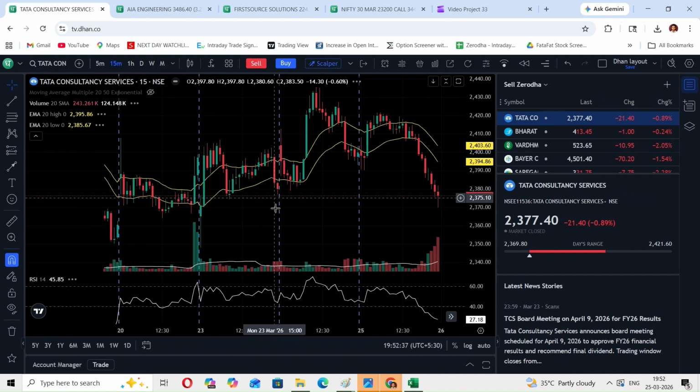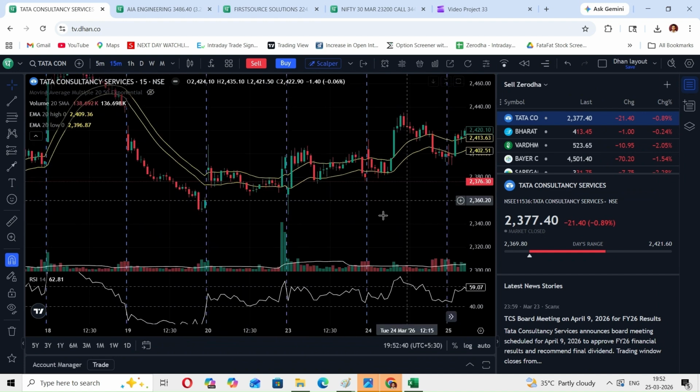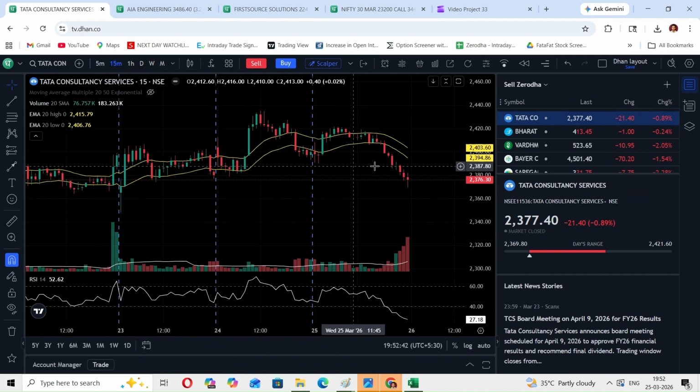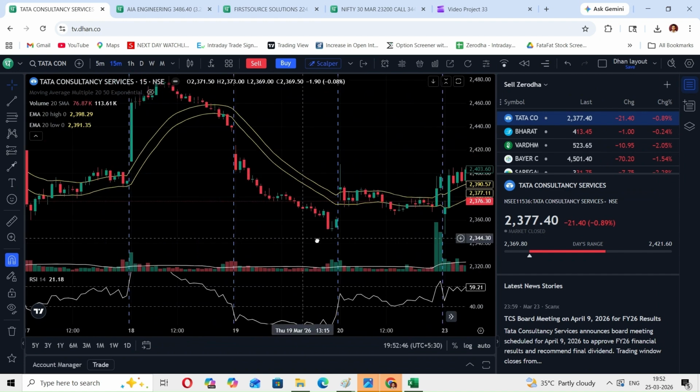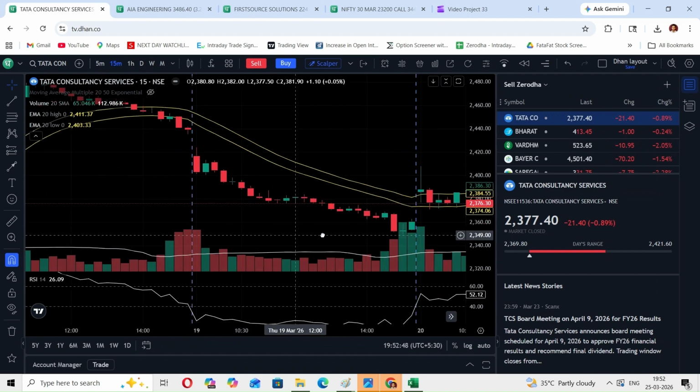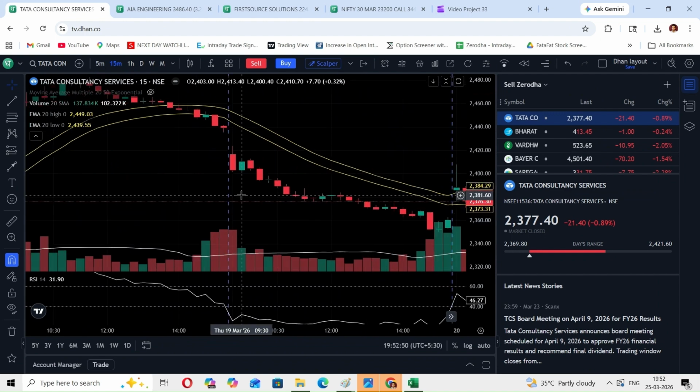Let's see how it has worked earlier also, because today was not a perfect day to look for the sell stock. See here, that particular stock, how beautifully it worked here. See, this particular green candle formed after a red candle below the 20 MA channel, and when that candle was formed, RSI value was 31.9, right?